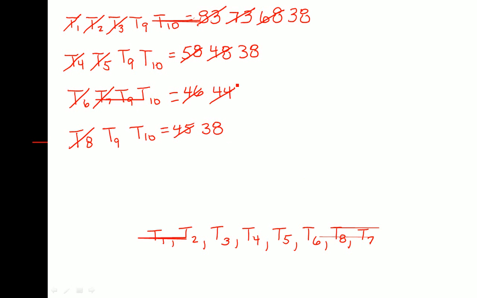Removing T7, a weight of 6, that takes you to 38. Notice all of these are 38s and they all say T9, T10. So to finish out the critical path priority list, we just add T9 and T10.